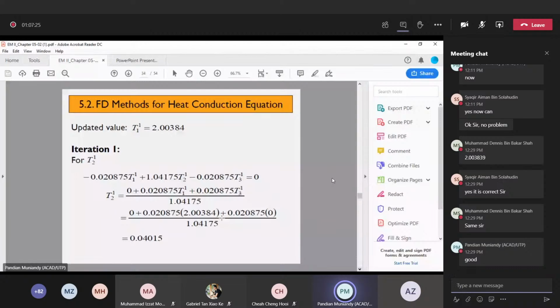So 0.020875 T11, this one goes to the right, plus this one negative, plus 0.020875 T13, divided by 1.04175. But T11 is not 0. This value is 2.00384. You must be very careful here, otherwise your answer will be different. But T13 is still 0.